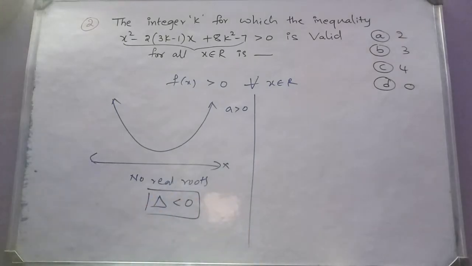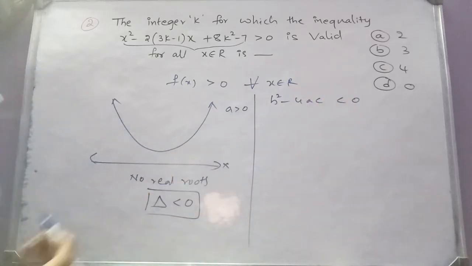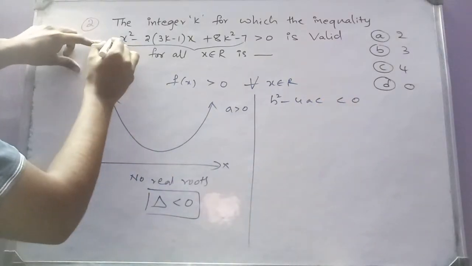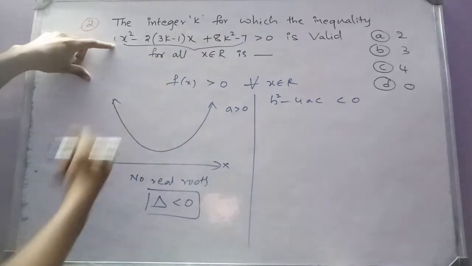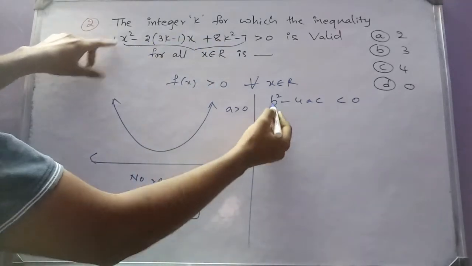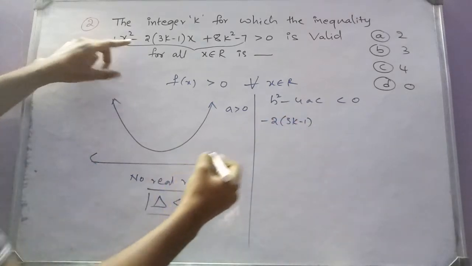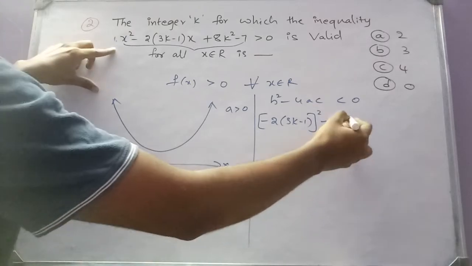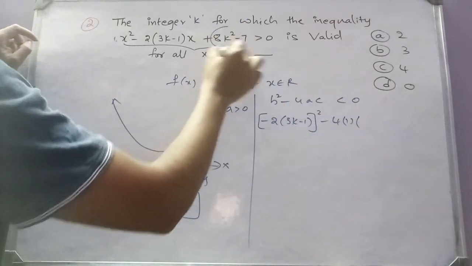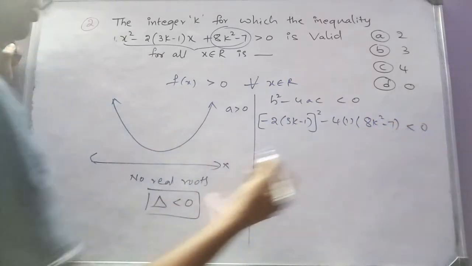So let us solve it. So b square minus 4ac less than 0. So a is the coefficient of x square, b is the coefficient of x, and c is the constant. So b square, that means minus 2 times 3k minus 1 whole square, minus 4 into a is 1 into c is 8k square minus 7, less than 0.